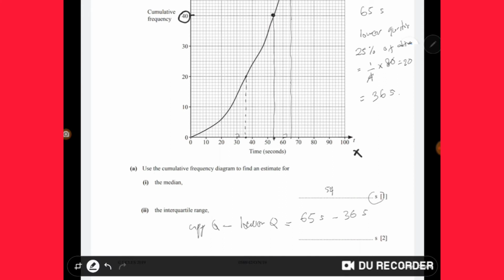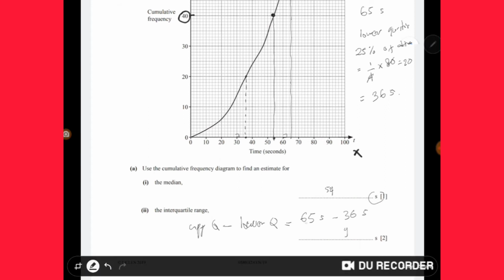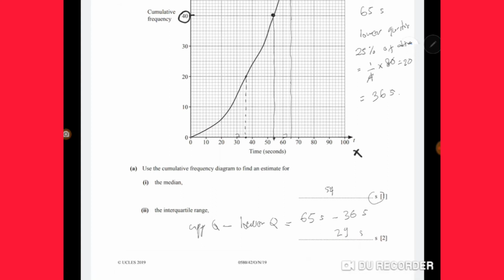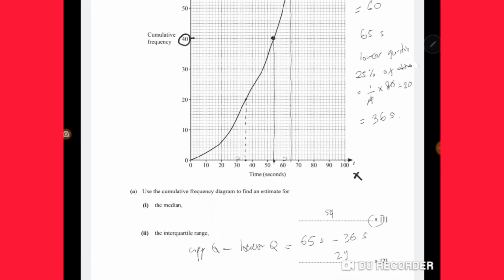So it means we have 29 seconds. So our interquartile range is 29 seconds.